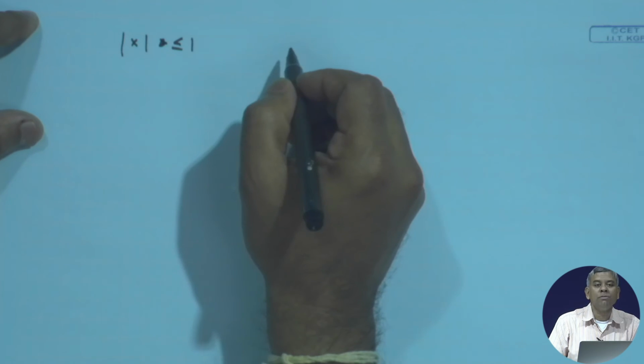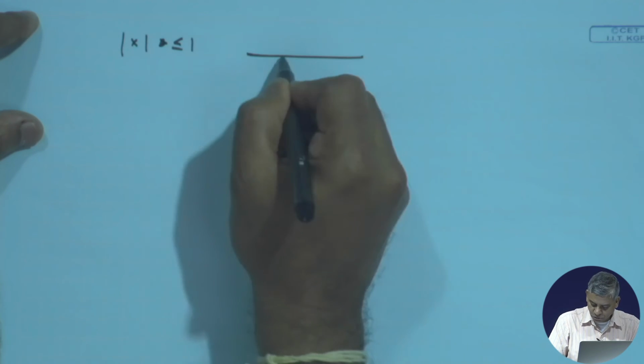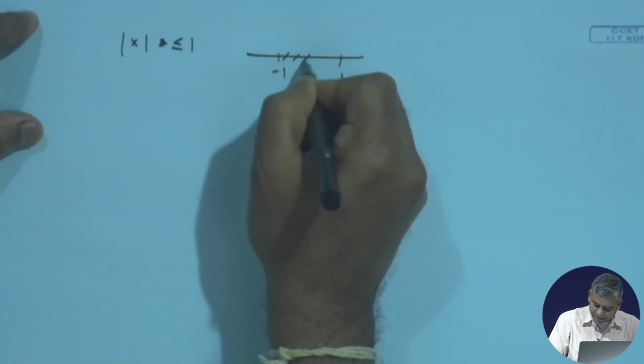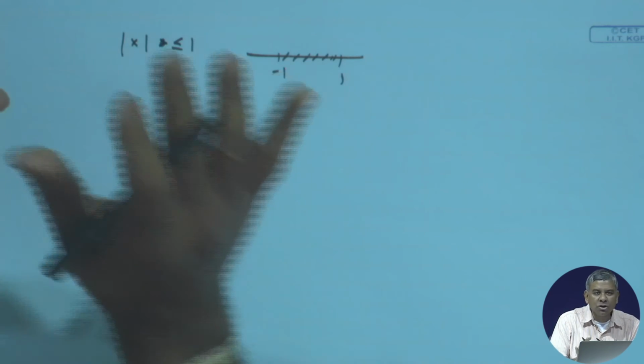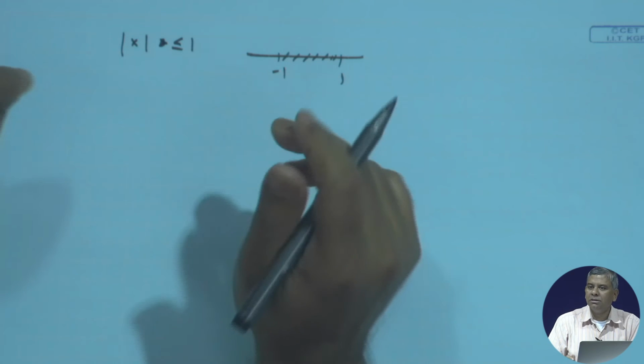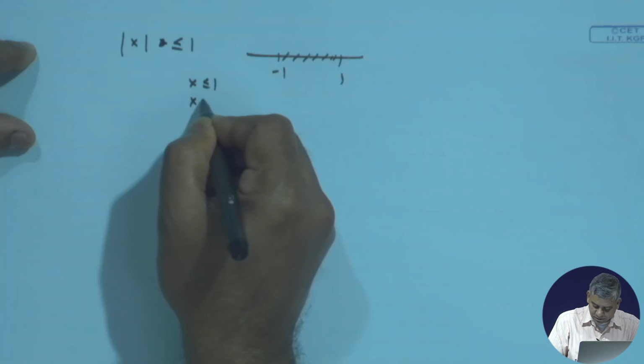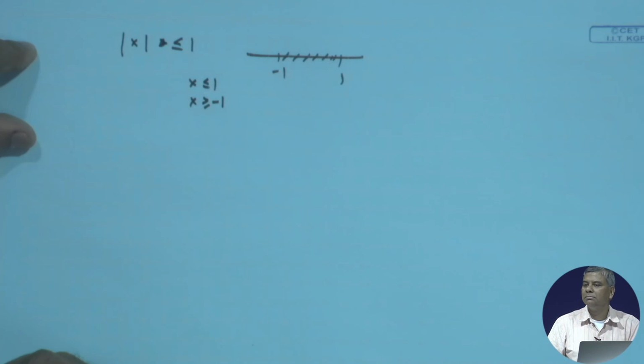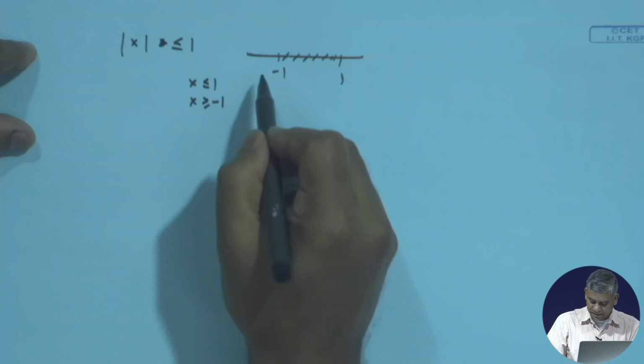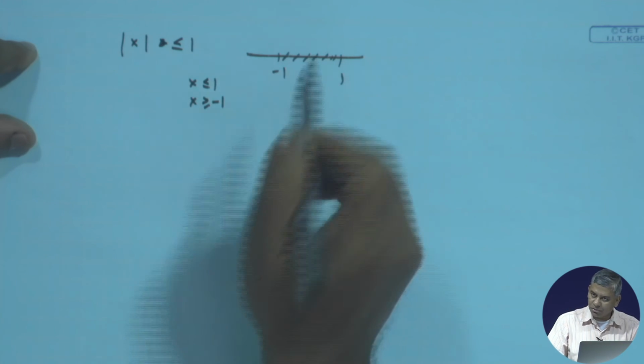So x goes between -1 and 1, right? So x lies between -1 and 1. How do I write it as two constraints? Take out the mod. x less than or equal to 1 and x greater than or equal to -1. Okay, everybody agrees: x greater than or equal to -1, less than or equal to 1, two constraints.